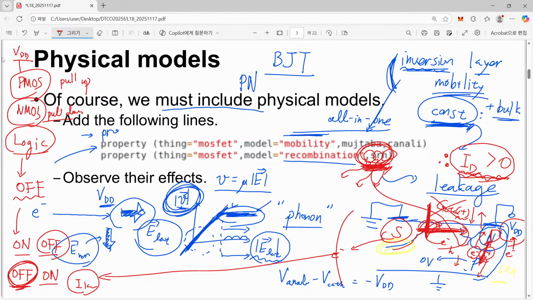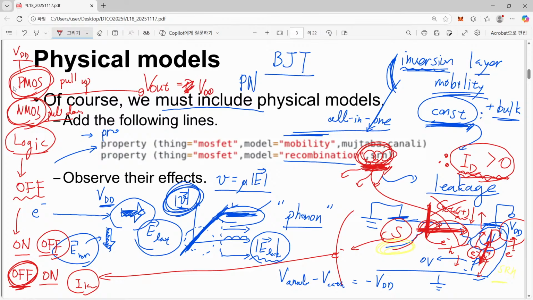So usually this part is called a pull down circuit, and this one is a pull up circuit. So they are competing, and if one of them wins, then it determines our output voltage. If the NMOSFET pull down wins, then our output voltage will be 0, and if the other one, the PMOSFET part, wins, then our output will be VDD.